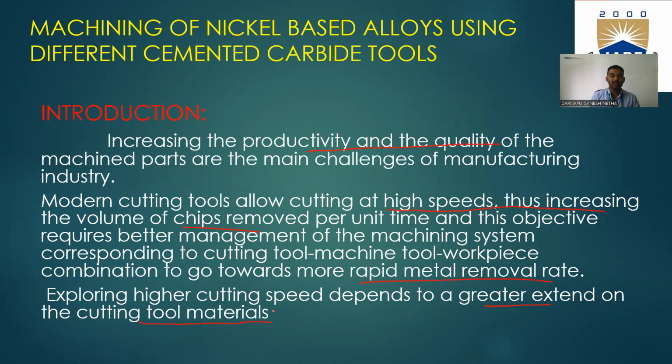Whenever machining is going on, the volume of metal chips removed is increased. The volume of chips removed increases when the cutting tool speed also increases, towards more rapid metal removal.